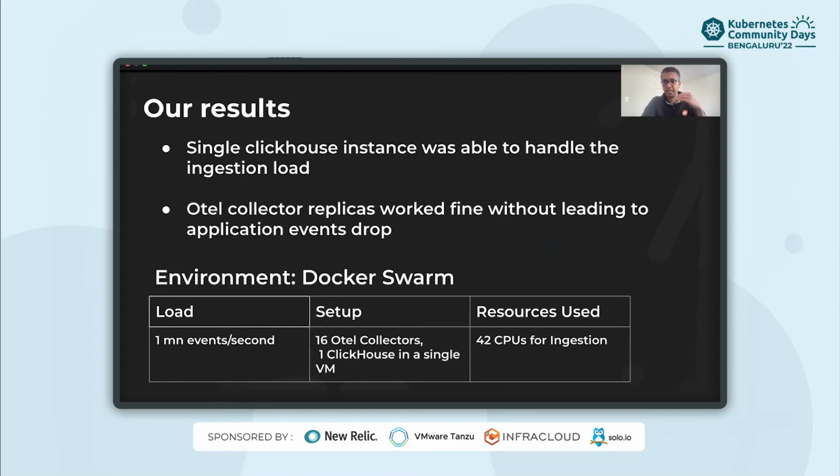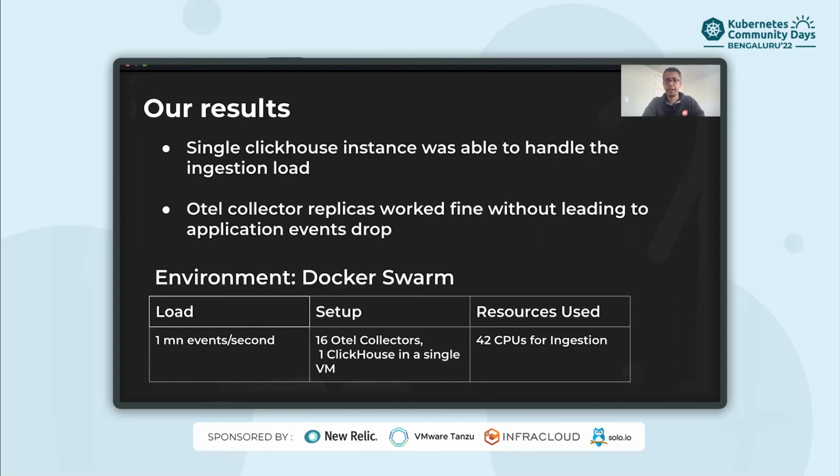But yes, this scaled decently well. We were able to send around 1 million events per second and handle it with just 16 replicas in the Docker Swarm, and the amount of CPUs we were using was around 42 CPUs, right?